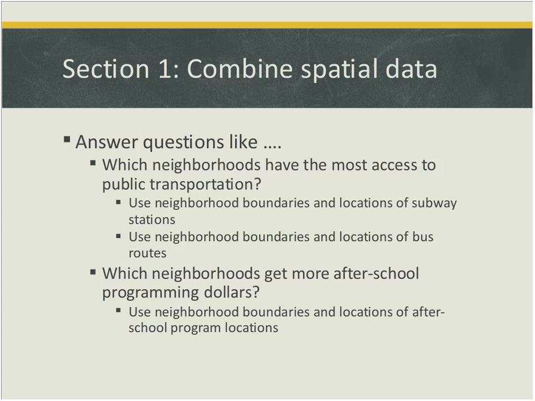We could also answer questions like, which neighborhoods get more after-school programming dollars? And again, we'd be using neighborhood boundaries, but this time if we had a file that showed the locations of after-school programs and also the amount of money that they were allocated, then we could aggregate to the neighborhood.